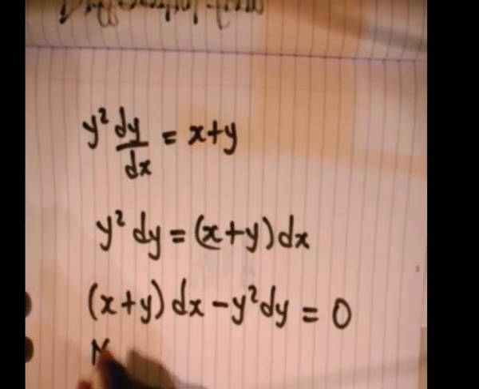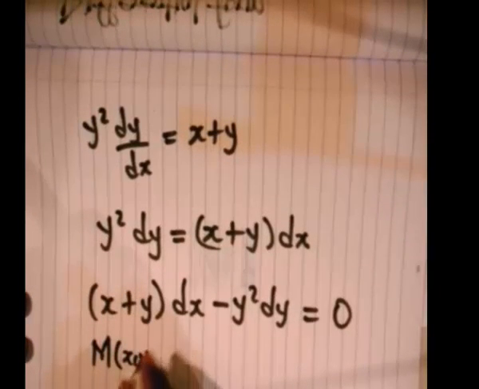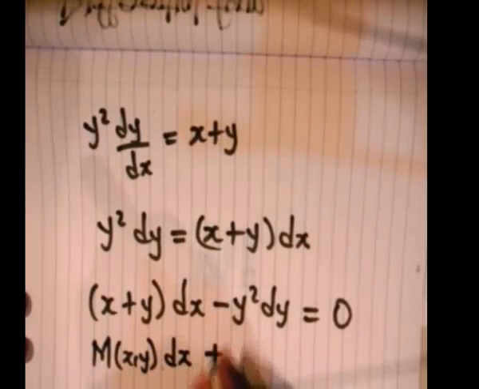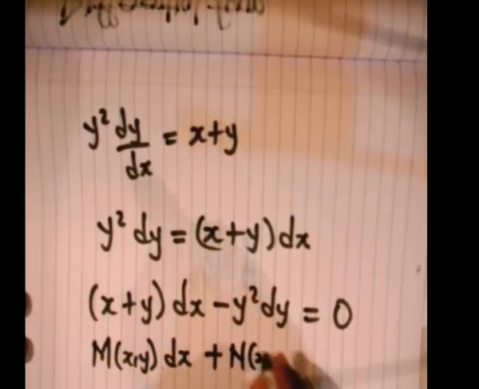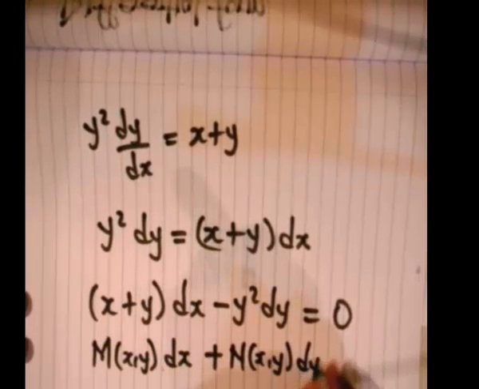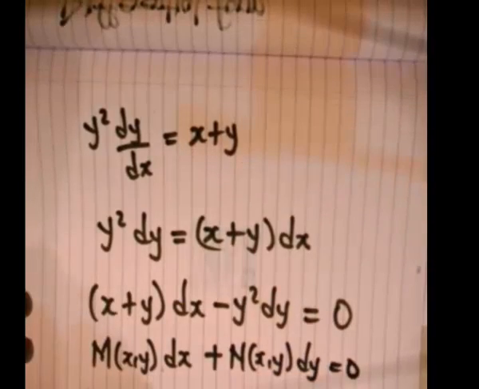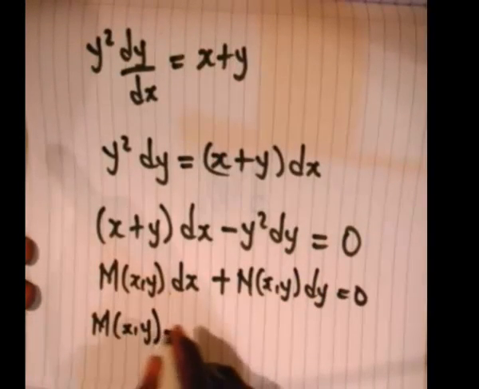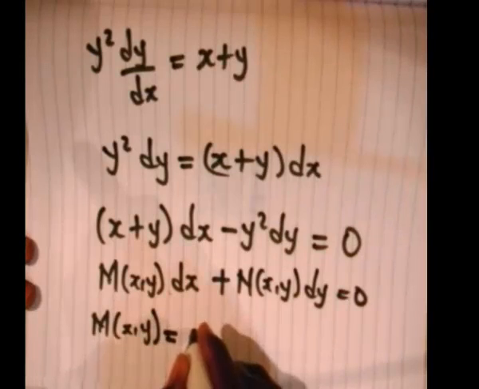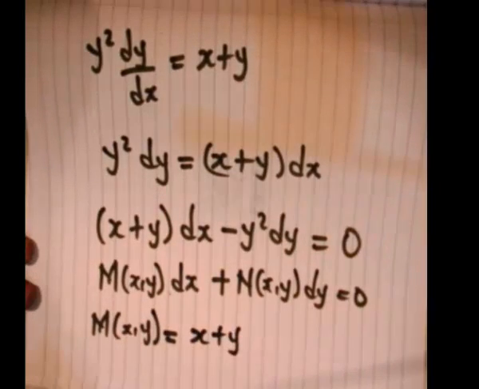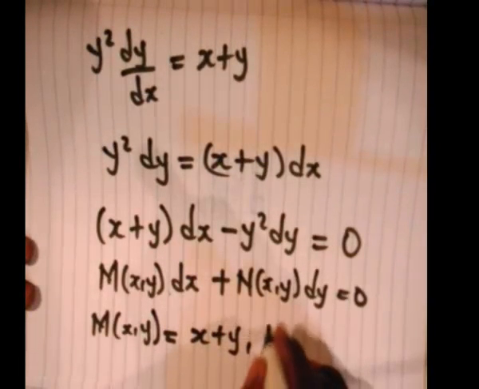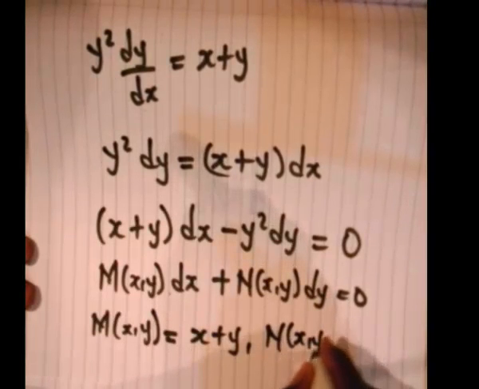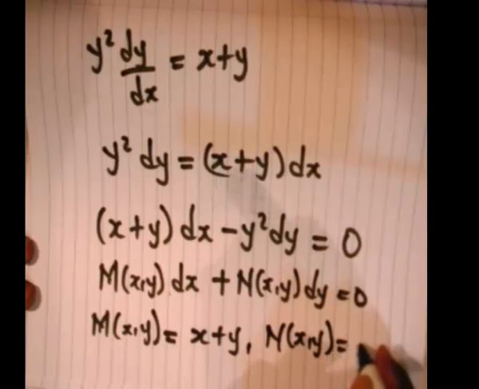Don't forget that the differential form is of the form M(x,y) dx plus N(x,y) dy equals 0, where our M(x,y) from the equation above is x plus y, and our N(x,y) is what?